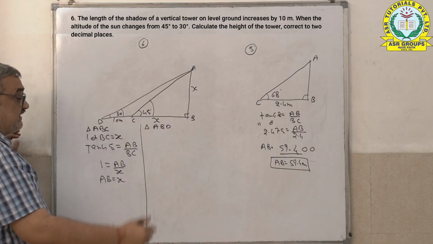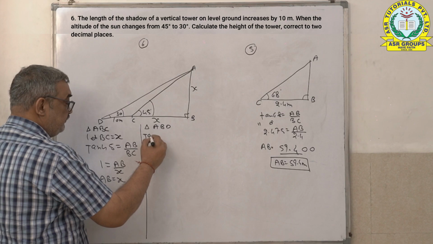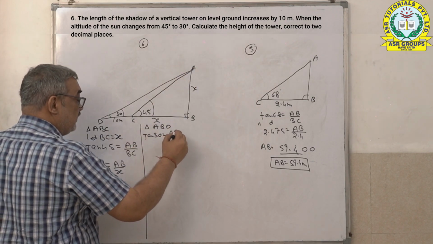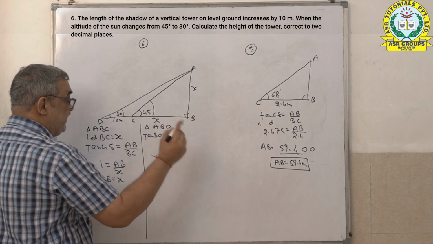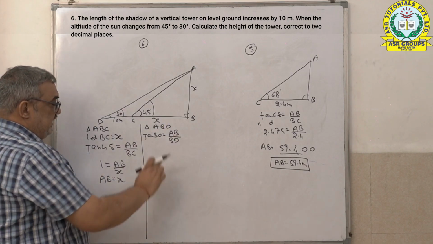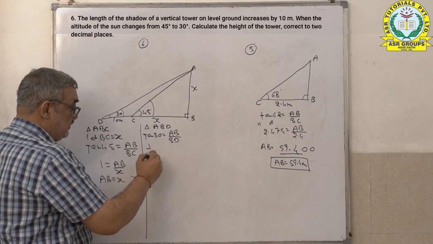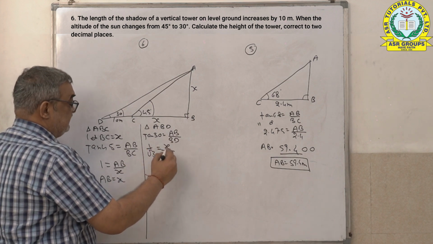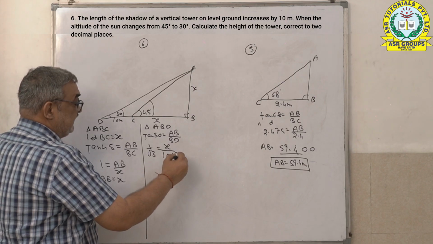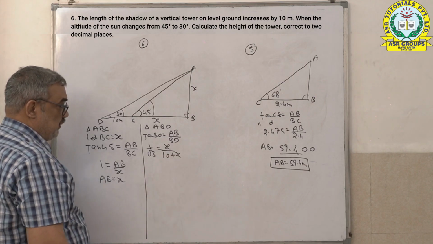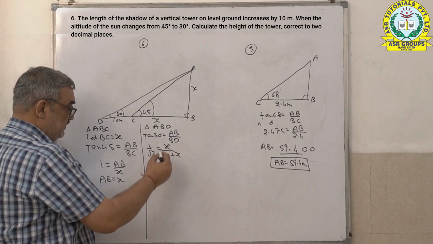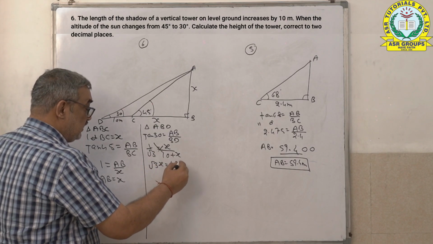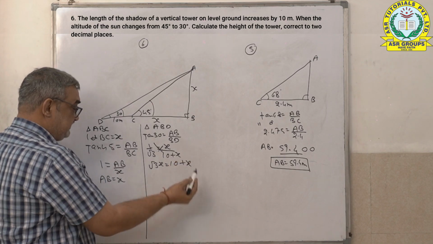When I use tan 30 equal to AB upon BD. Tan 30 is 1 over root 3. AB is x, BD is 10 plus x. Do cross multiplication. Root 3x equal to 10 plus x.